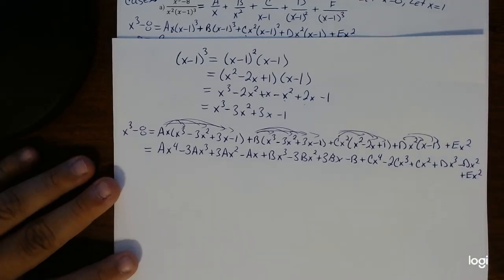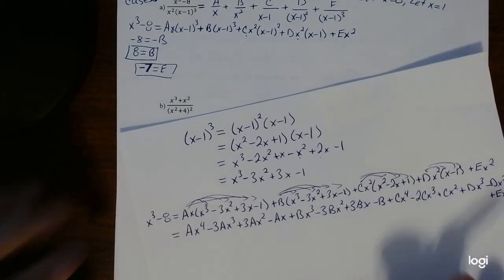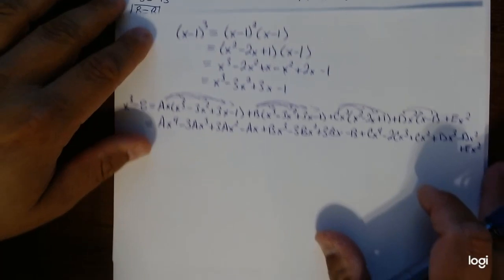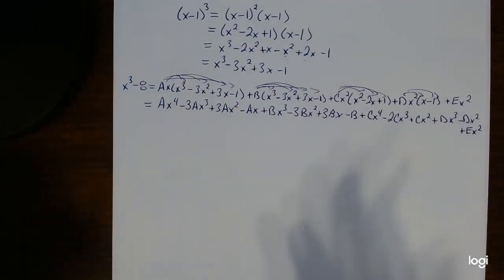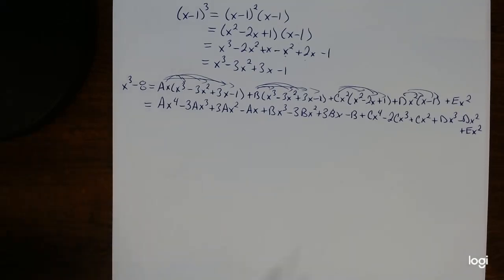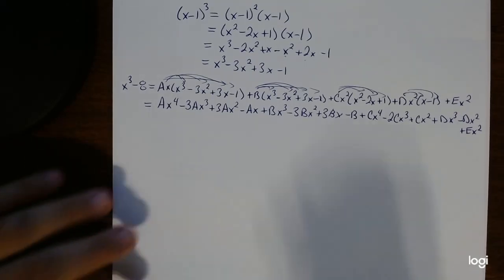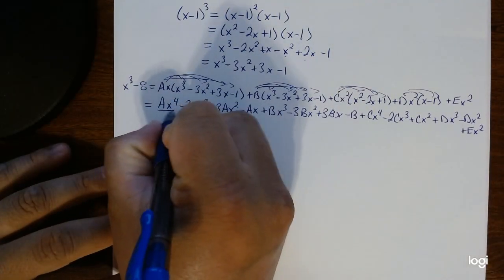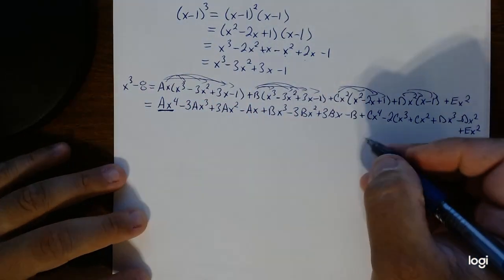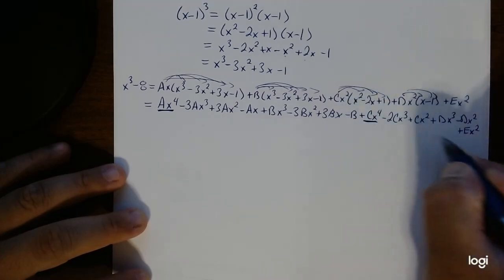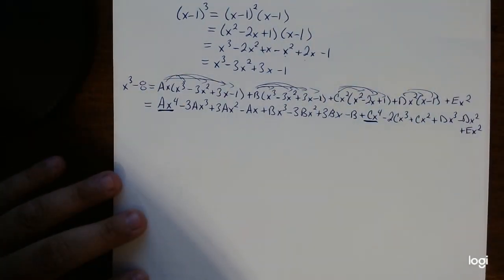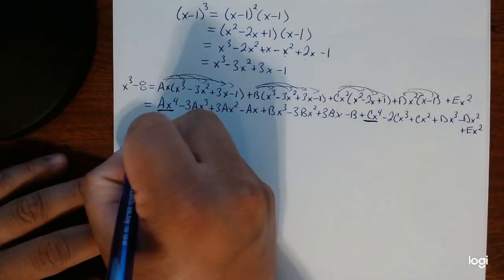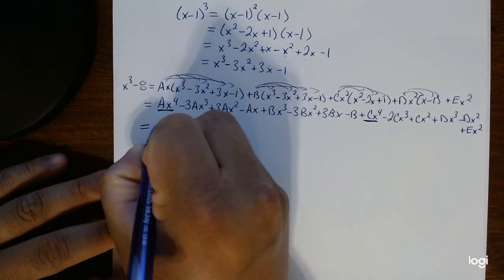Okay. All right, so at this point, let's use different colors here. So we have a x to the fourths. Okay. So I'm going to put those together. What I mean by that is like this.